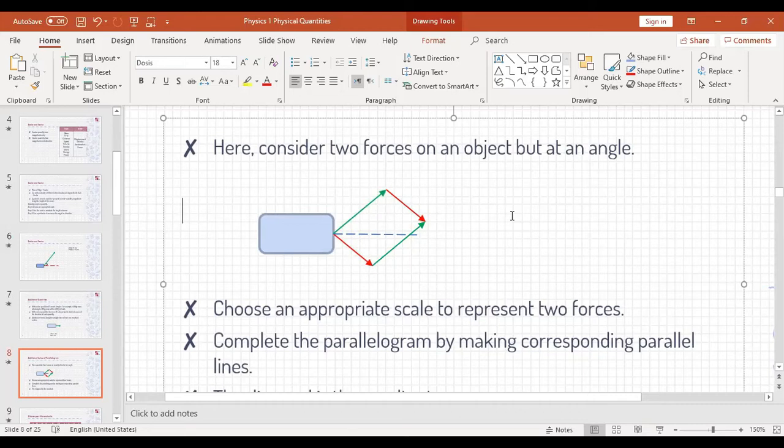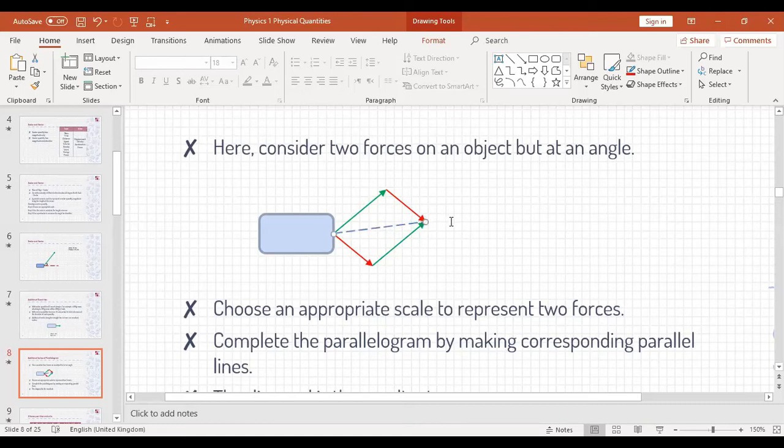The arrow of one vector to the bottom of another, and where the two heads meet, that's your endpoint, taking this line, completing the diagonal.